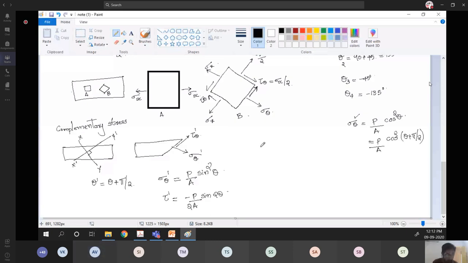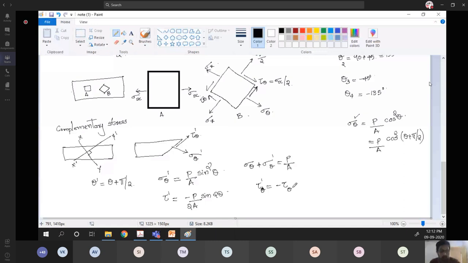Sigma theta plus sigma theta dash, what is that? P by A. Right. And similarly, tau theta dash is nothing but minus tau theta. Okay, this is regarding the complementary stress.